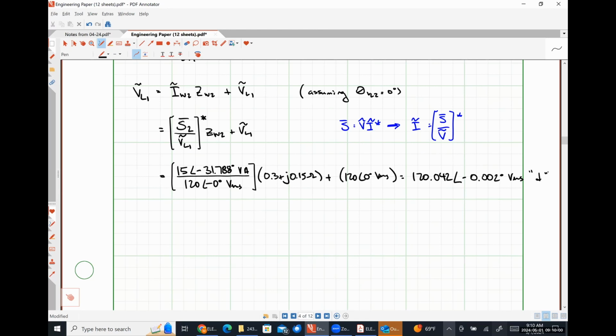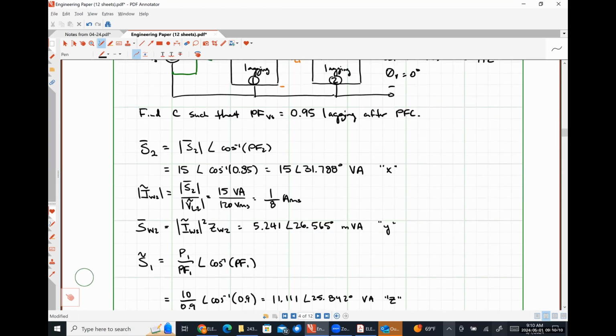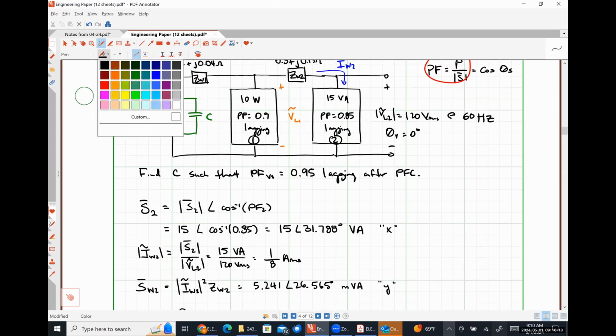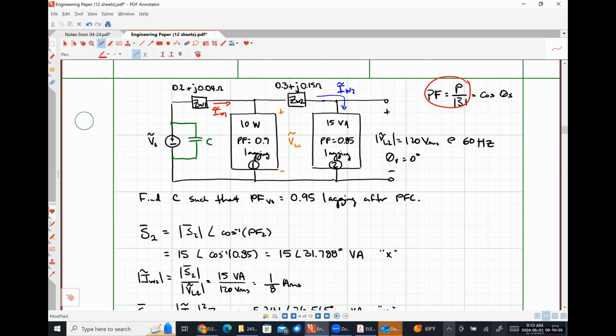All right, so let's put a label on this current right here. Let's call this IW1. So how would we find that current IW1?